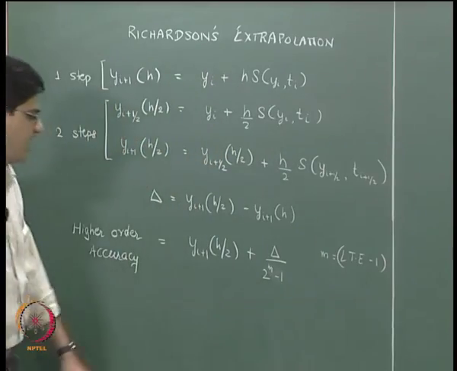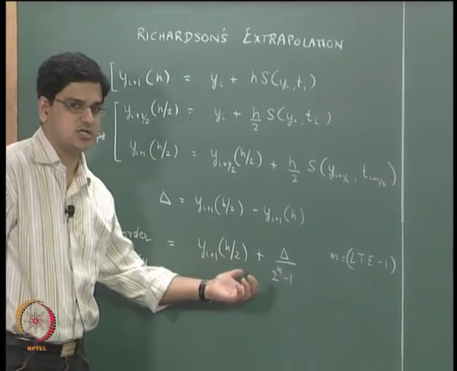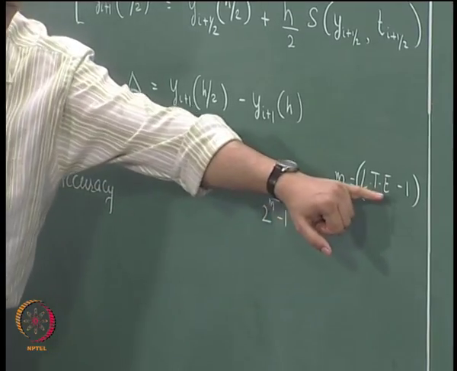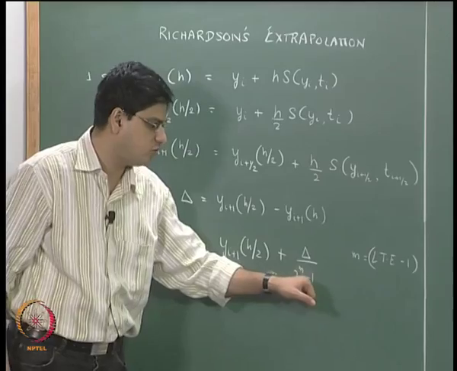Okay. So for the RK4 method the local truncation error is h to the power 5, so m becomes 5 minus 1, that is 4, so 2 to the power 4 minus 1.